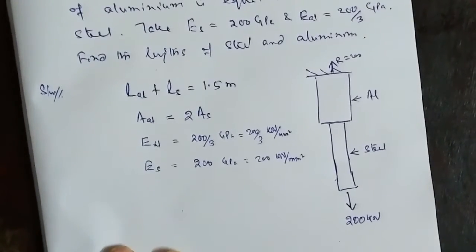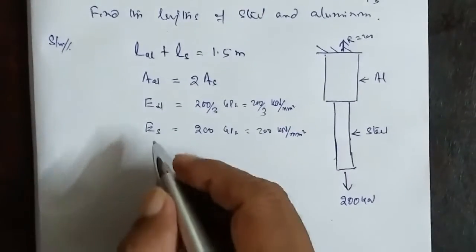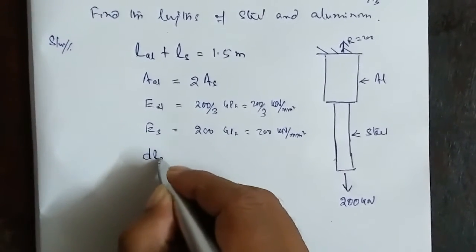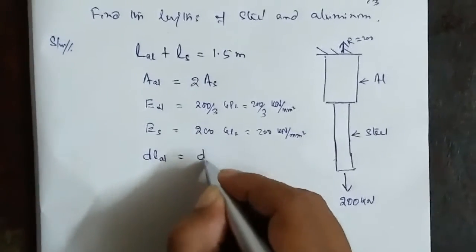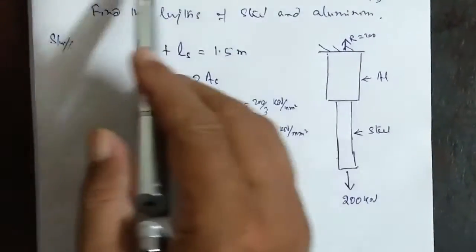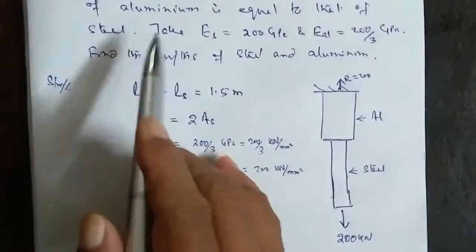Now one more piece of data is given: the change in length of aluminium, DL of aluminium, is equal to DL of steel. The elongation of aluminium is equal to that of steel.